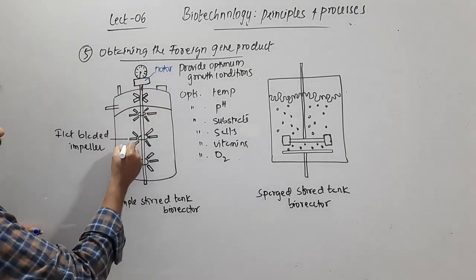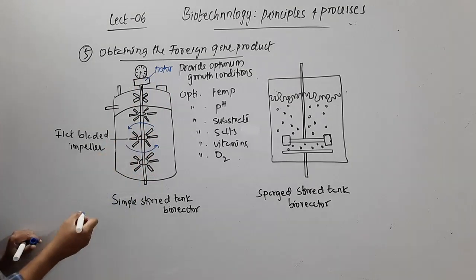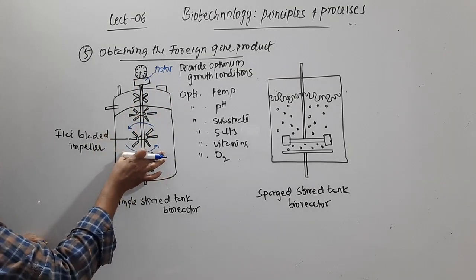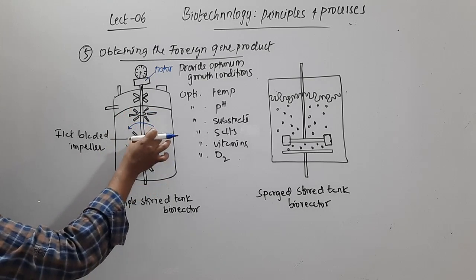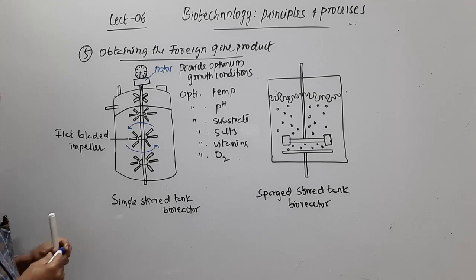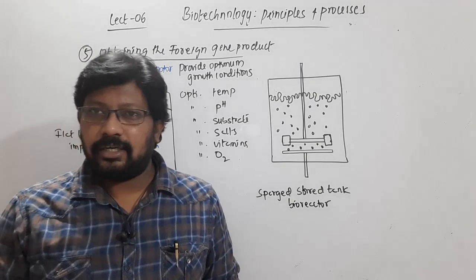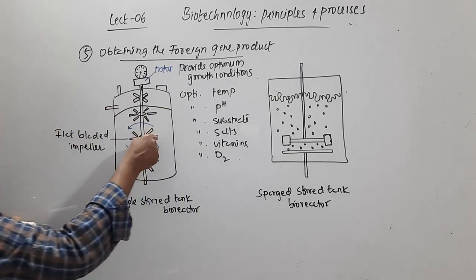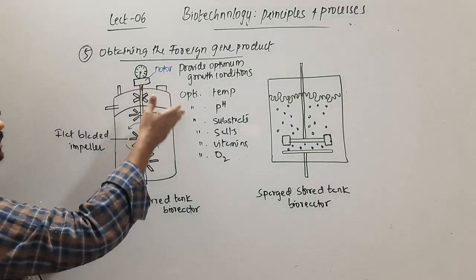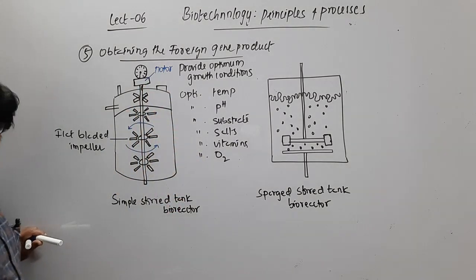Inside, it is all filled with the medium. In that medium there will be the transformants which we have created. We introduce them, and they grow at this optimum temperature, pH and so on, using these vitamins and oxygen.